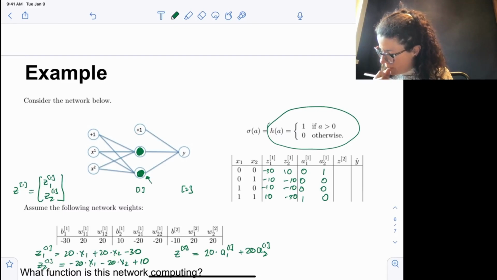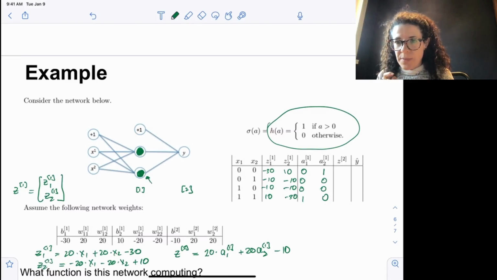So in the first case, minus 10. We have a 0, 1, so we will get 20 minus 10 is a 10.